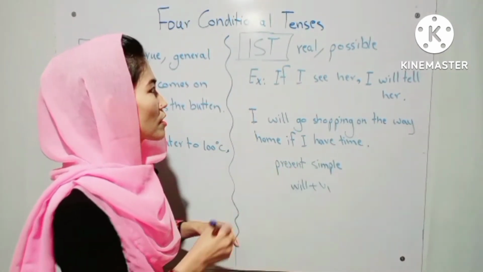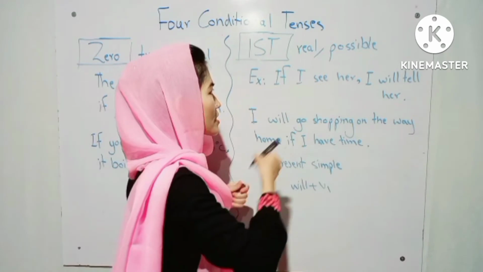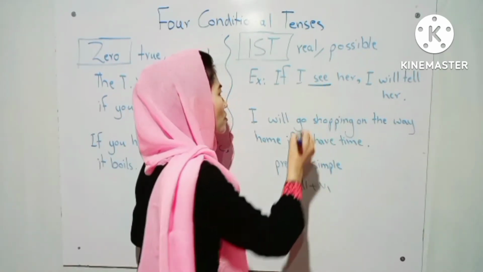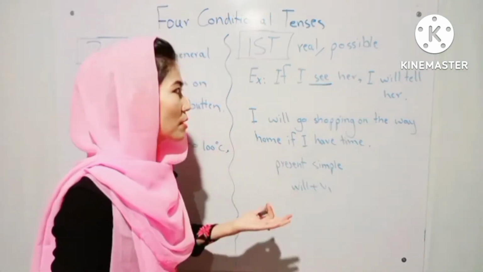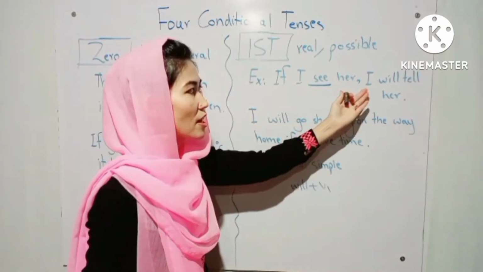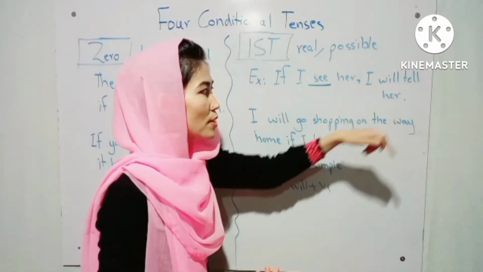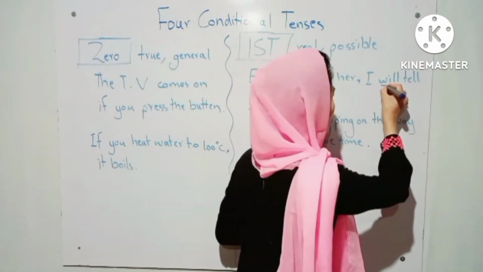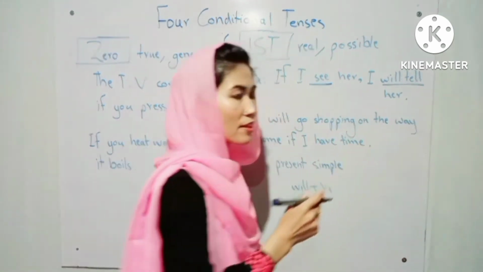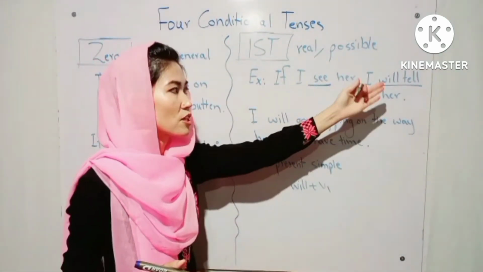Present simple, if I see her, see is the base form of the verb, and it is present simple. If I see her, I will tell her, will plus base form of the verb, tell. Okay, I will tell her.